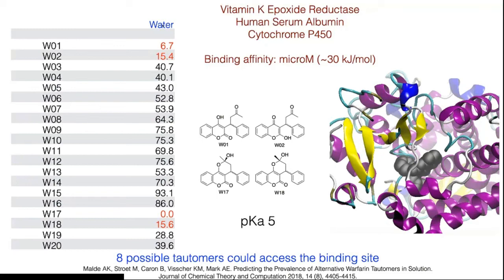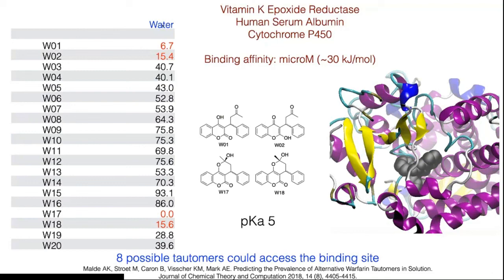Now when we look at the warfarin crystal structures with vitamin K epoxide reductase or albumin or cytochrome P450, the binding affinity is in the range of micromolar, which is roughly 30 kilojoules per mole. So based on that number, and we know the pKa is 5 for warfarin, these are the 4 tautomers which are likely to be present in the binding pocket, considering the relative energy difference.